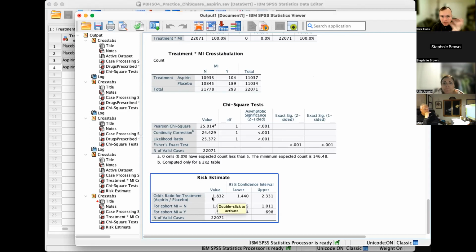So this is, as we would expect, the odds of not having a heart attack, if you're given aspirin, are greater than placebo. But the question was about what's the ratio of having a heart attack? What's the risk of having a heart attack, not the risk of not having?